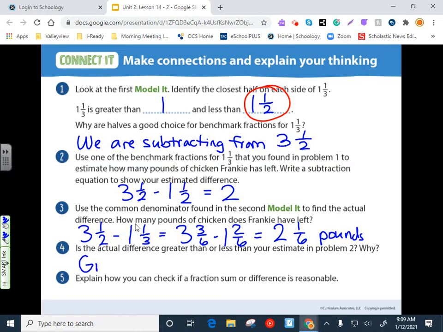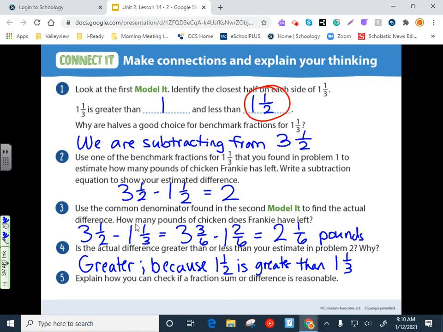It's greater. And that's because 1 1/2 is greater than 1 1/3. So again, your estimated numbers are going to give you a slightly different one because of this.